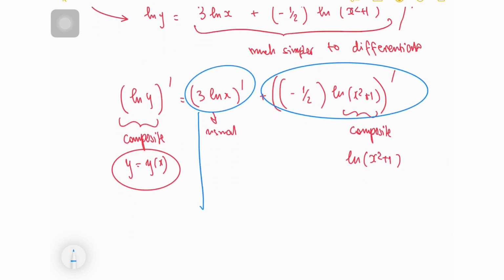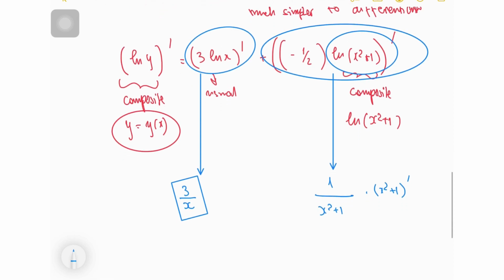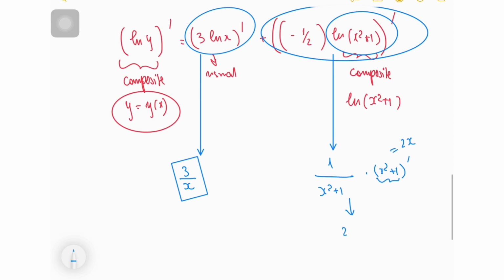Now, here, the derivative of this is 3 over x. Here we have to work a little bit, so this is a constant. We just need the derivative of this. This here is 1 over x squared plus 1 times the derivative of x squared plus 1, and the derivative of this is 2x, so the derivative is 2x over x squared plus 1.